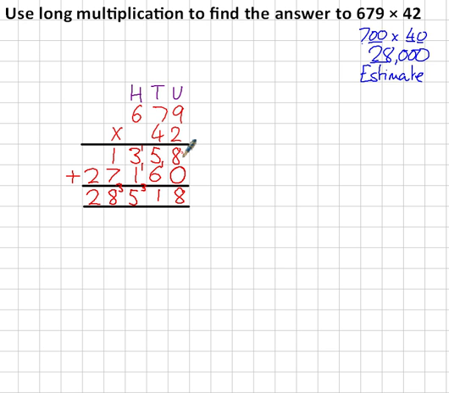And then pay very close attention to where you're writing your answers. If you don't line them up carefully, it becomes very difficult to see where you've got to, and even more difficult when it comes to adding. You could easily end up adding 5 and 0. You could end up adding 3 and 6 and 1 and 1 and completely making a hash of the addition.